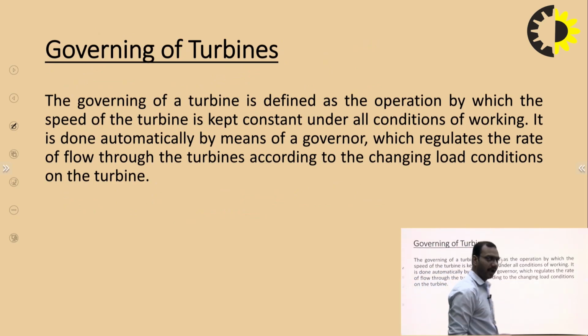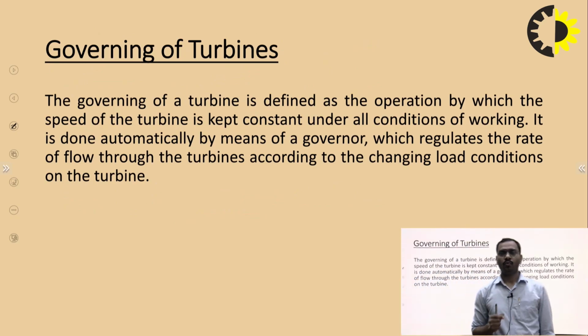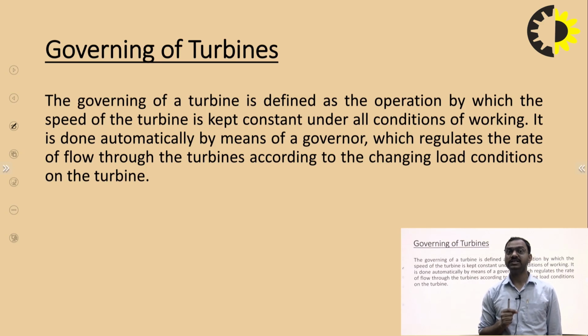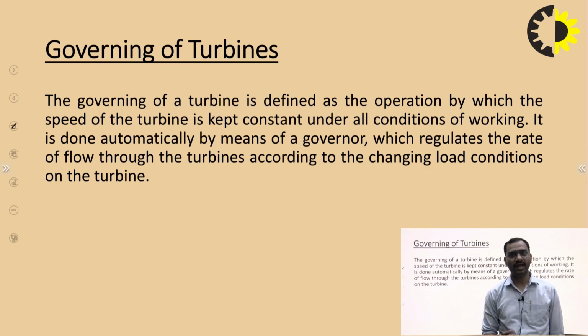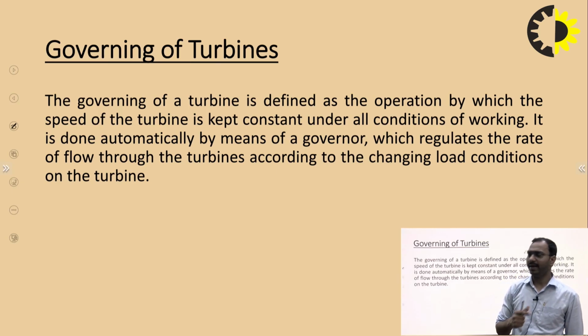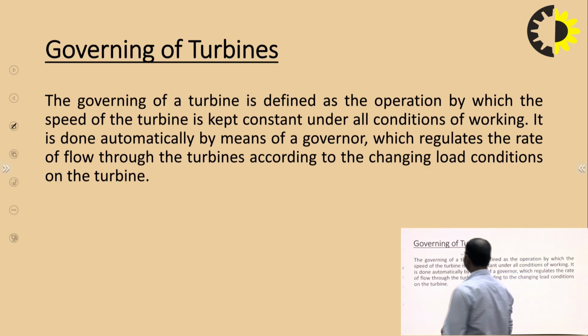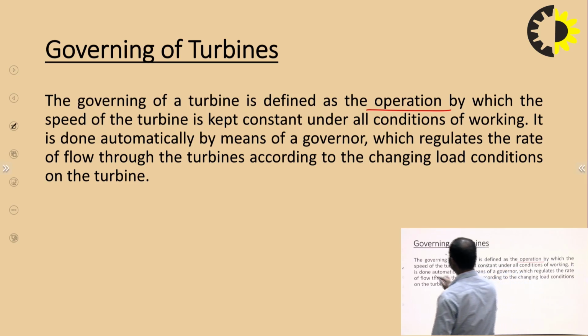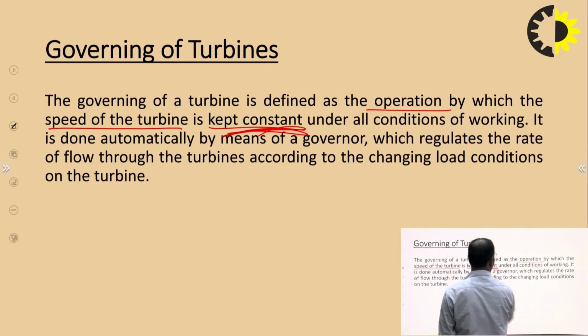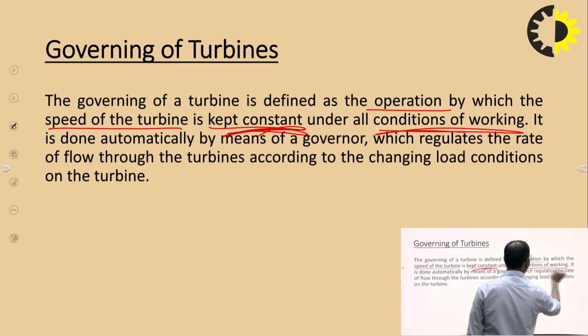Now I will discuss one of the important topics, what is governing of turbines. So first of all, I will discuss what is governing, then its methods. So the governing of a turbine is defined as the operation by which the speed of the turbine is kept constant under all conditions of working.